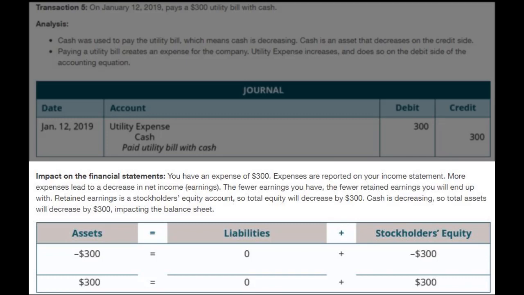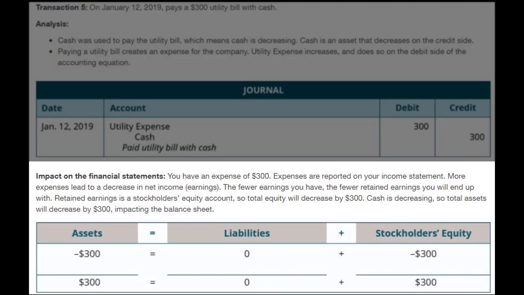When value increases as part of the earnings column, not common stock, when value increases because we're working to earn it, we call it revenue. When value decreases while we are working to earn profits, we call it an expense.